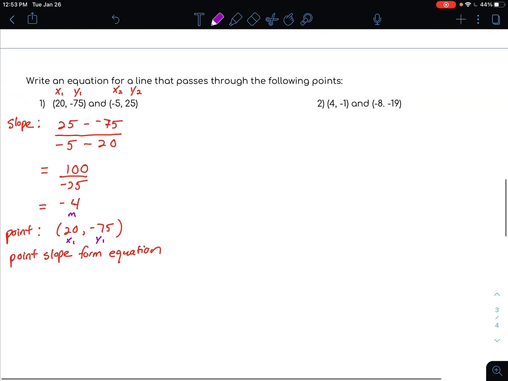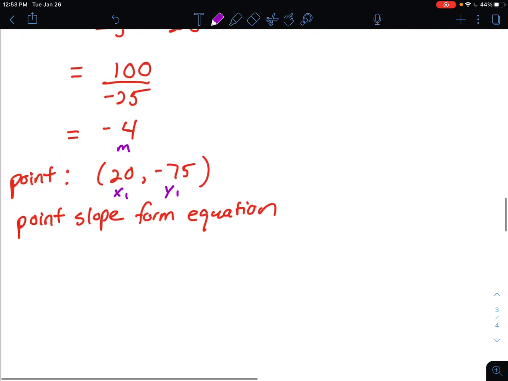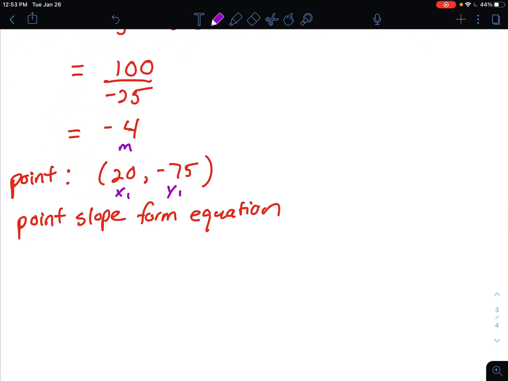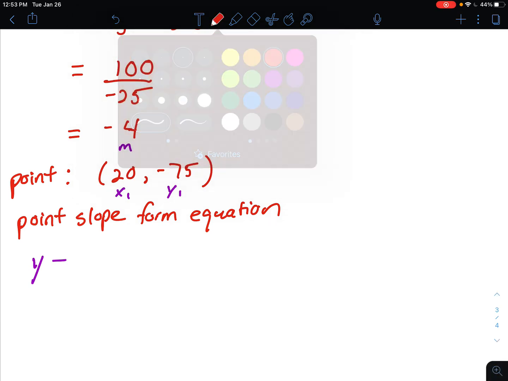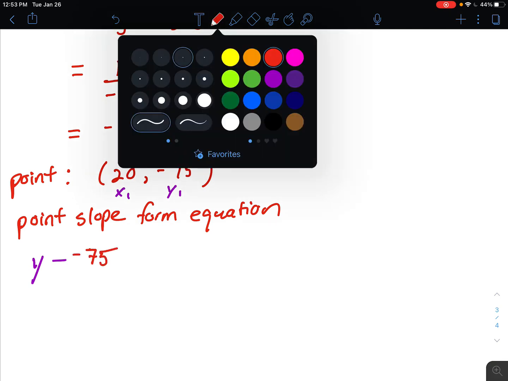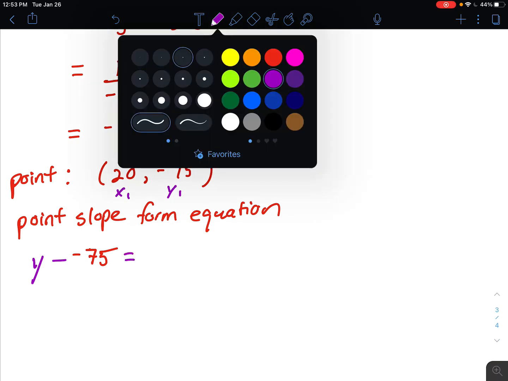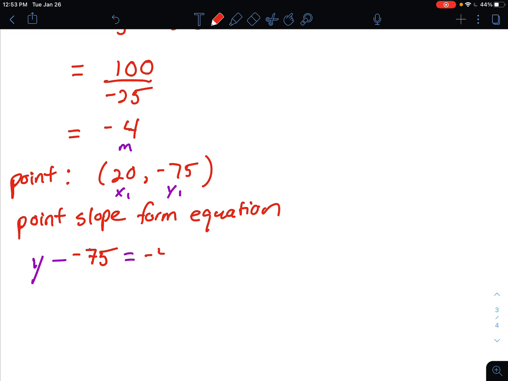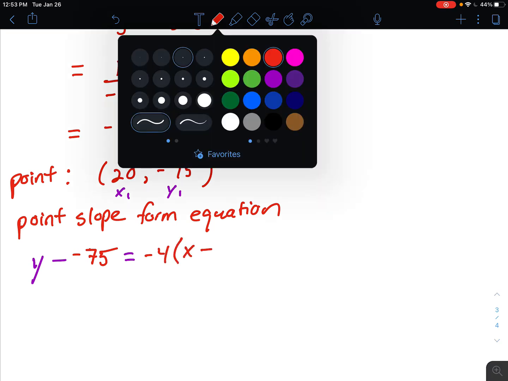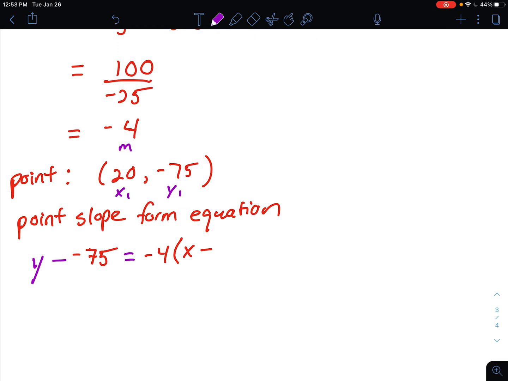So let's go ahead and write that in. We have y minus the y value from the point, which in this case is negative 75, equals m, which is our slope, so we're going to put that negative 4, times x minus the x value for our point.